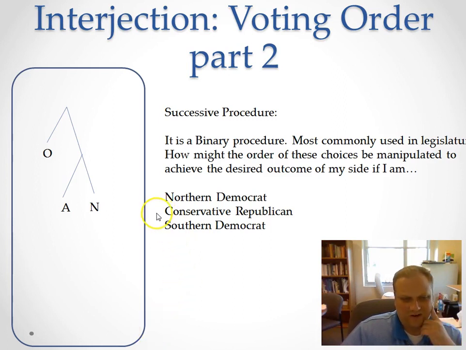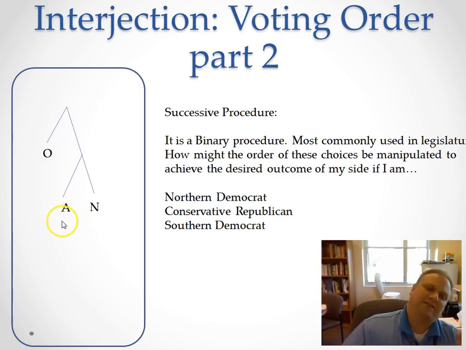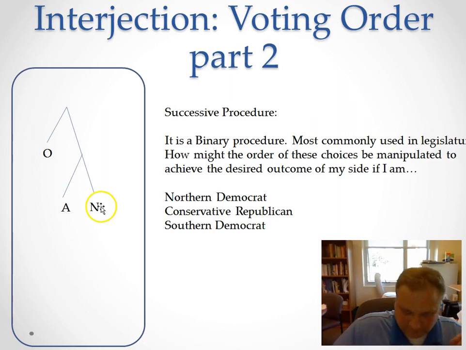So this is a diagram of a way of looking at a voting procedure. It's called a successive procedure, known as a binary procedure, and it's most commonly used in legislatures. So how might the order of these choices be manipulated to achieve the desired outcome for my side, depending on who I am? Here we have O standing for the original bill, A standing for the amended bill, and N standing for no bill.